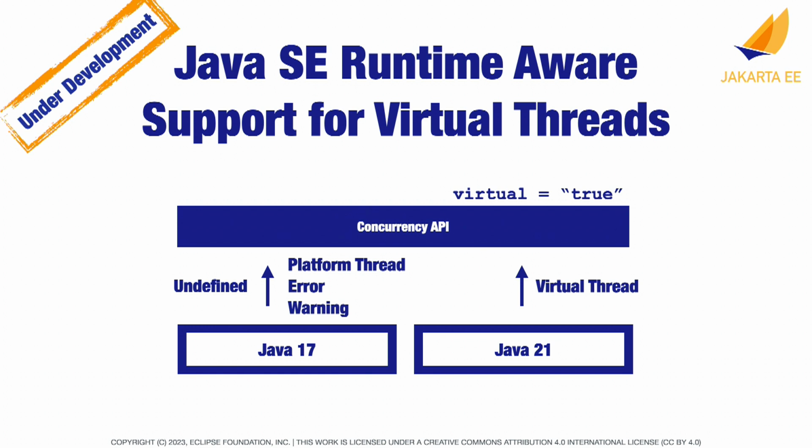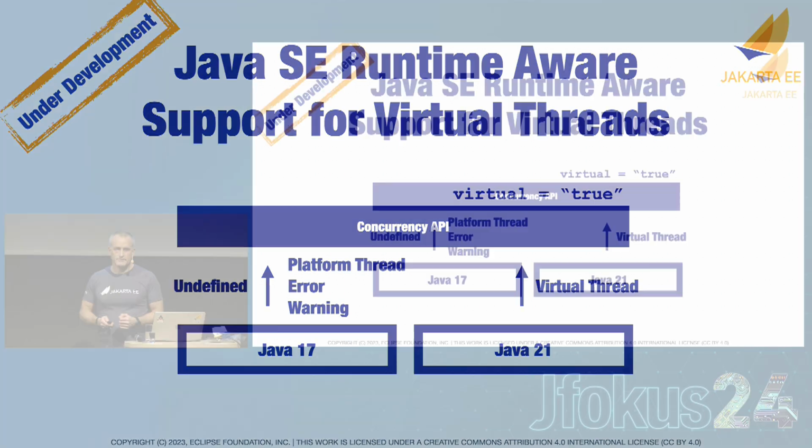Or it will just issue a warning in your log: be aware, you're asking for something virtual, you're running on something that doesn't support it, you have to move to 21 if you want virtual threads, but here is a platform thread, use this as you go. So they're working on how we're going to do this, and the key is it will be aware of the runtime it runs on and give you the support it can give you.